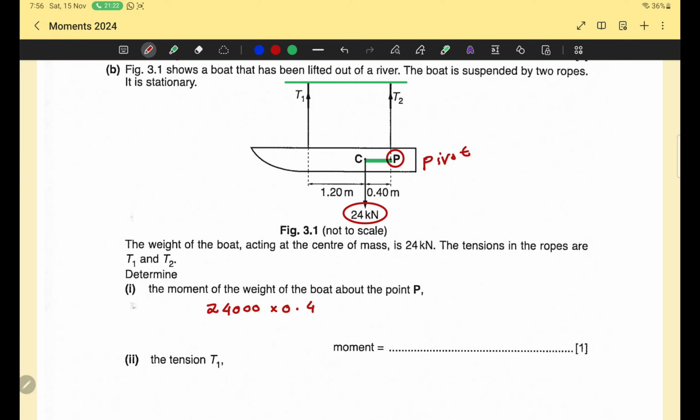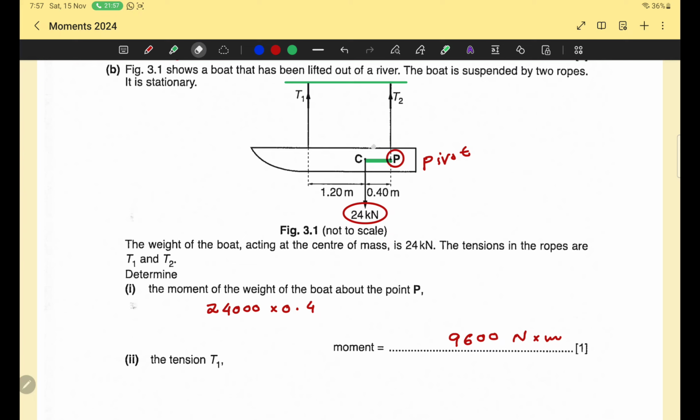Now if you multiply these two numbers, you can calculate the turning effect. In the calculator I am writing 24,000 multiplied by 0.4, then the answer is 9,600 Newton meter.